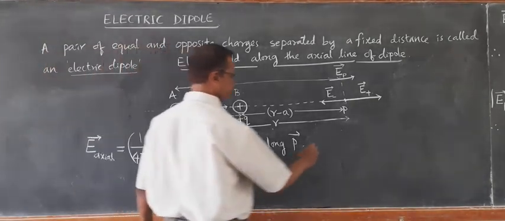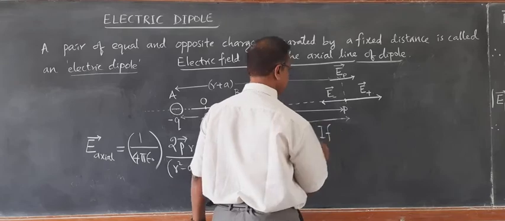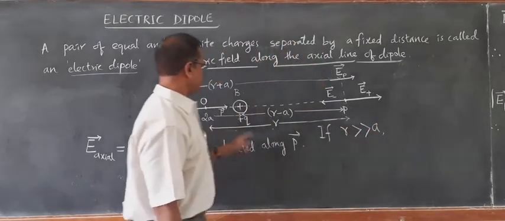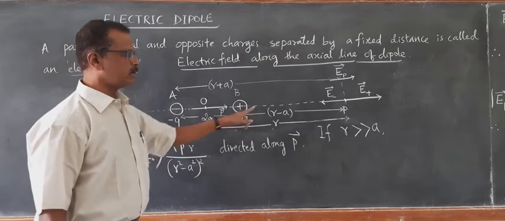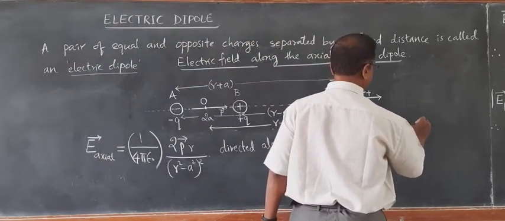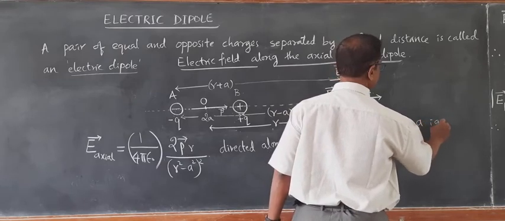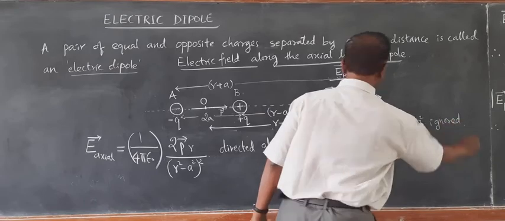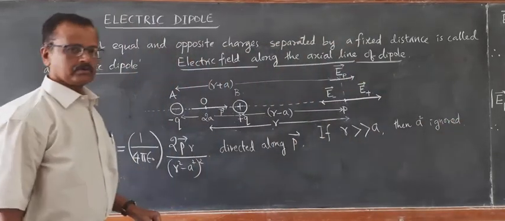That is, if R is very much greater than A, or R is very much greater than 2A, then A square in the denominator is ignored.